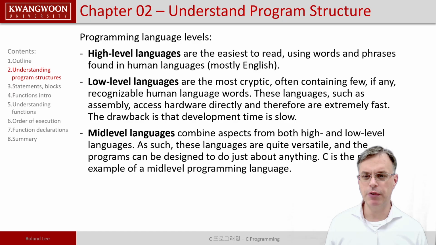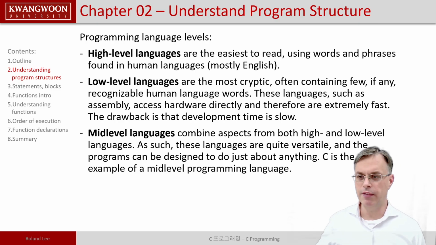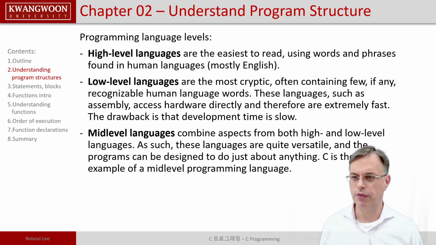Now, programming languages, as you see, we differentiate between many of them: high-level, low-level, and mid-level languages. Do you also see that high-level languages are the easiest to read, using words and phrases found in human languages?